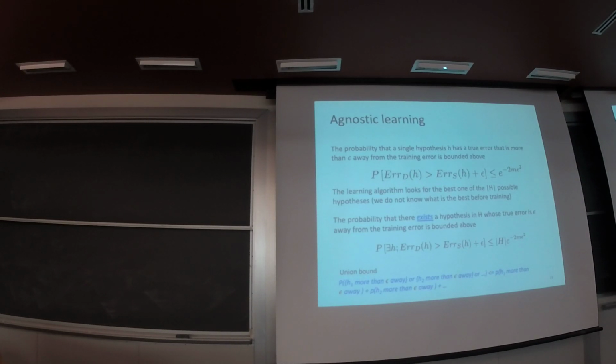Then, whatever way we search the hypothesis space, we can always claim that such a good hypothesis has a true error that cannot be too far from the training error. The next question is, how can we bound this probability? It turns out we can bound it by simply multiplying the size of the hypothesis space with the same exponential term.